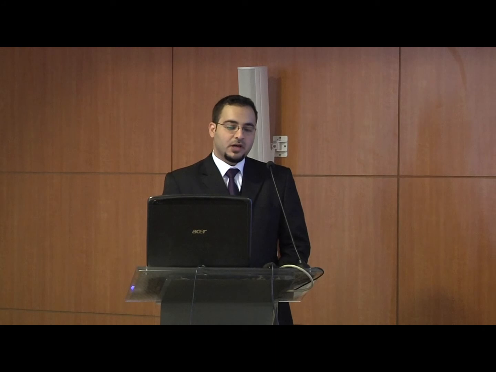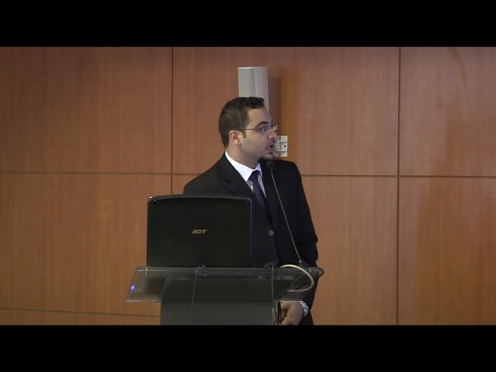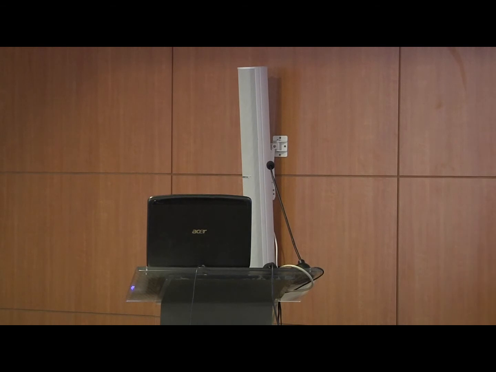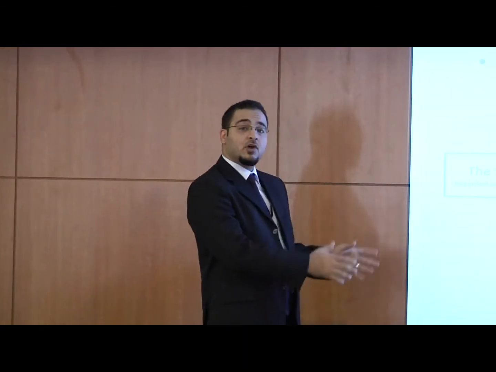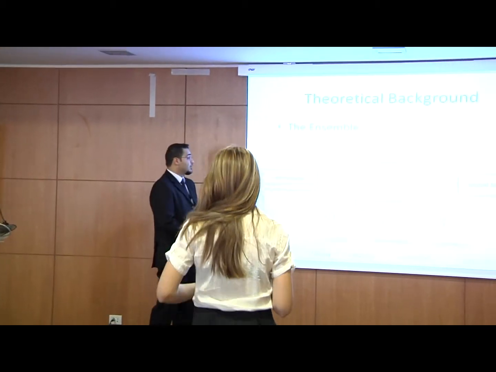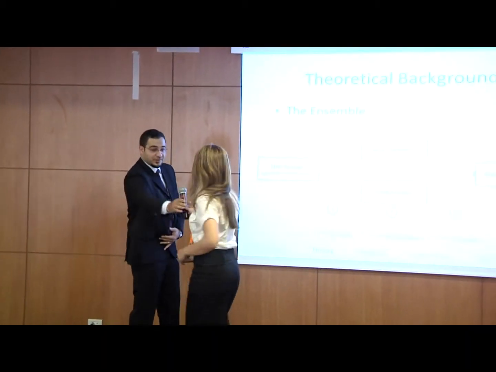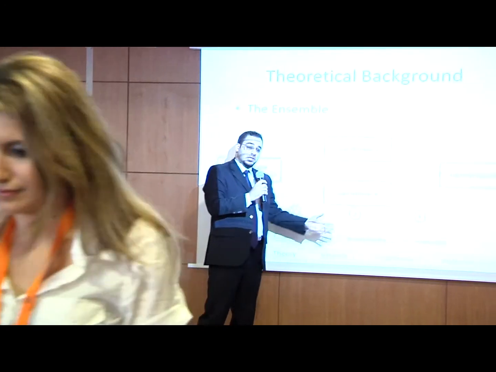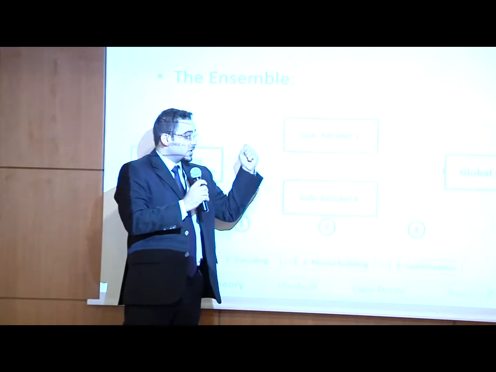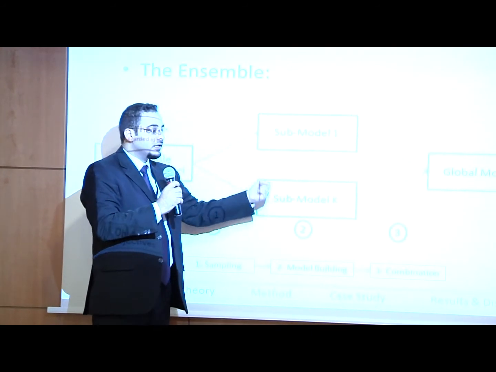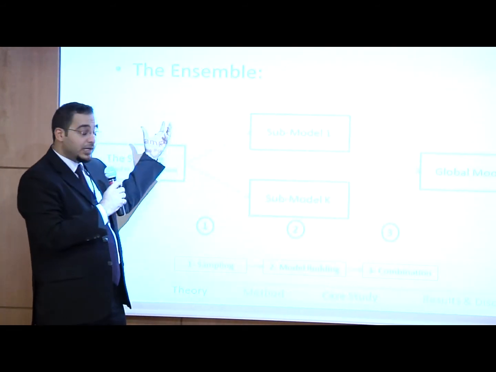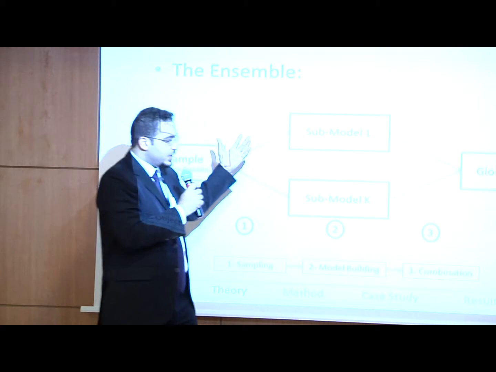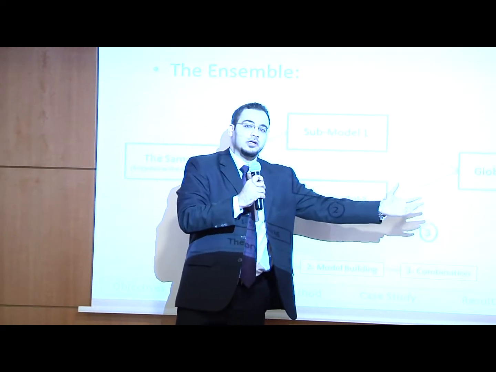As a theoretical background, the ensemble is generally a 3-step technique in machine learning, where you have the global sample regarded as the population, and you have your submodels that mainly compose the ensemble combined into our global model.